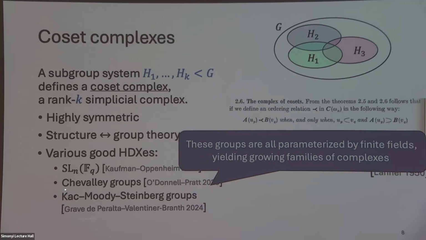And one nice thing about all of these different groups that you use is that the group is parameterized by a finite field. And so if you make the finite field bigger, you make the group bigger, and then that makes the complex bigger. So that's a simple reason why it makes sense to look at these linear algebraic type groups where the object is defined over a finite field.